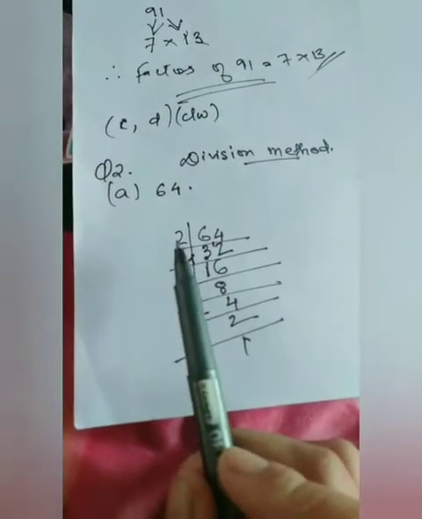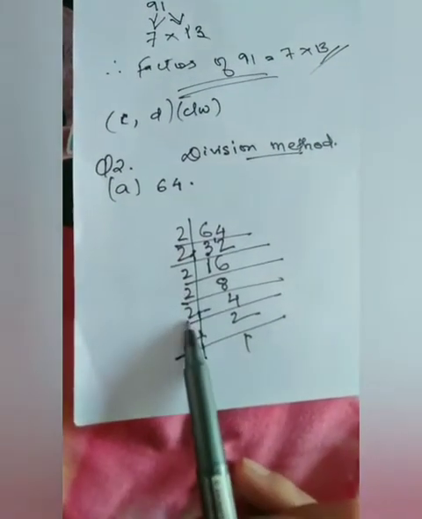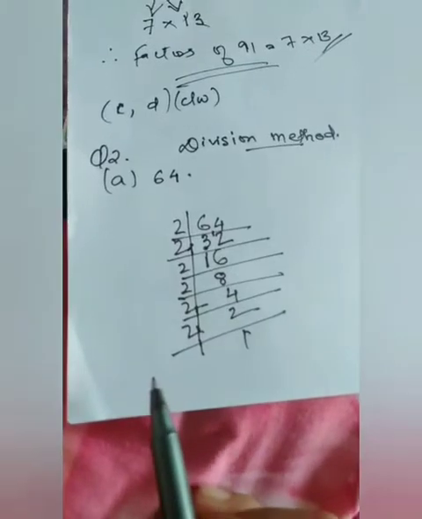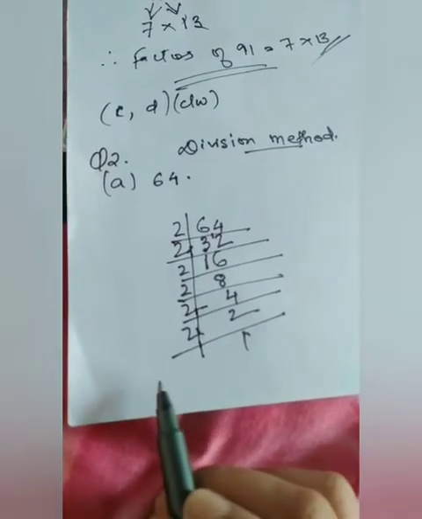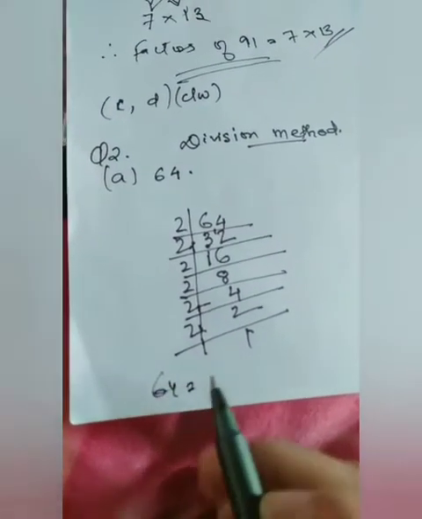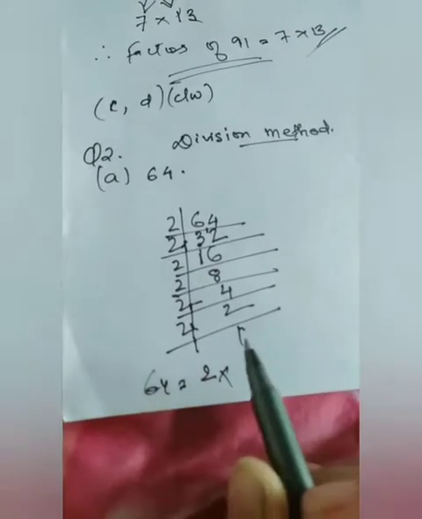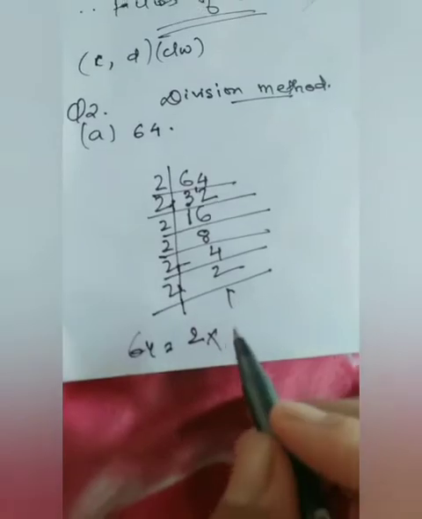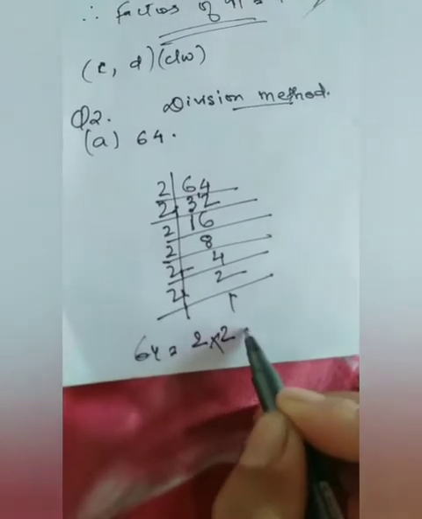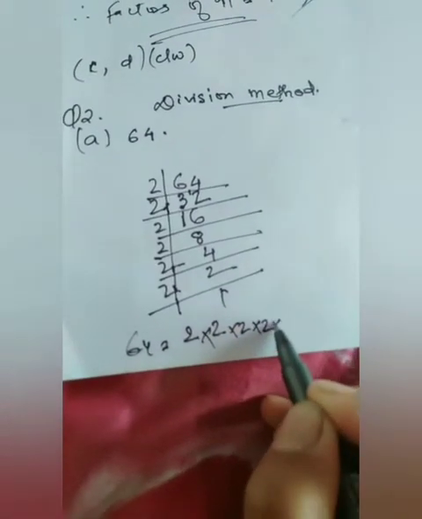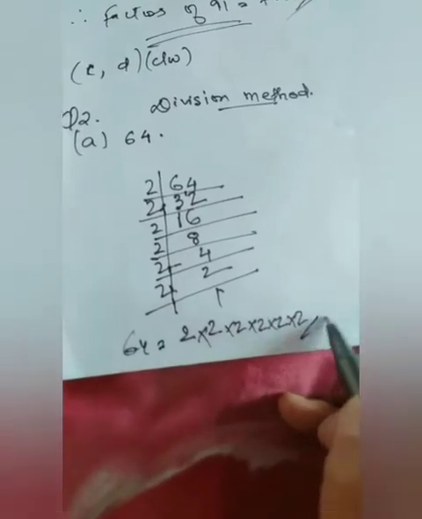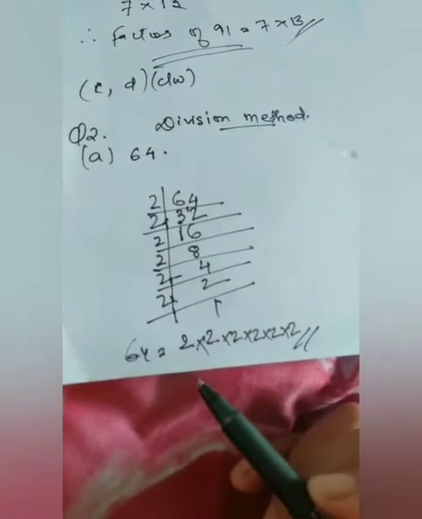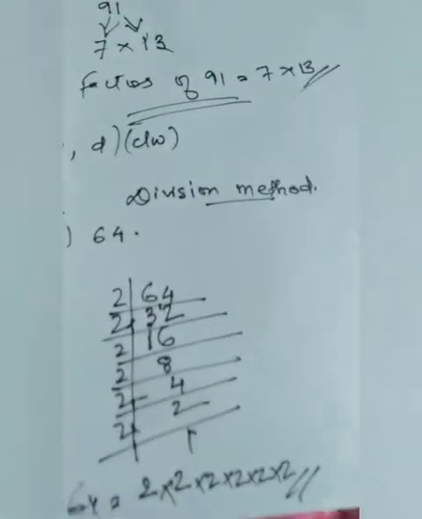Now we got the factors; these are the factors of 64. Therefore, what are the factors of 64? 2 into 2 into 2 into 2 into 2 into 2, that is 6 twos. This is the factorization of 64. Okay, now let's try one more question.